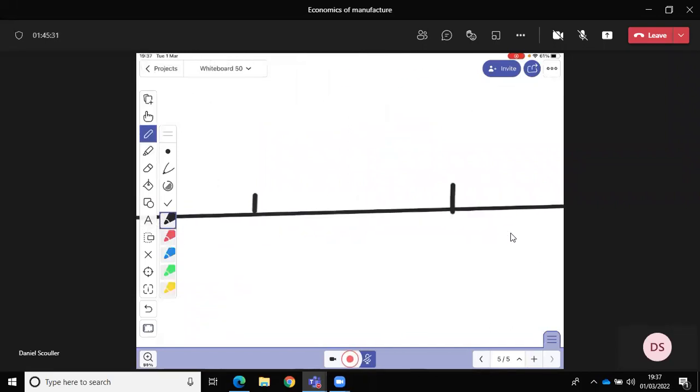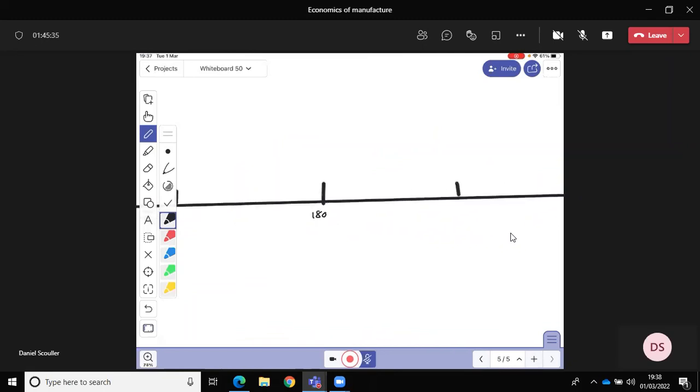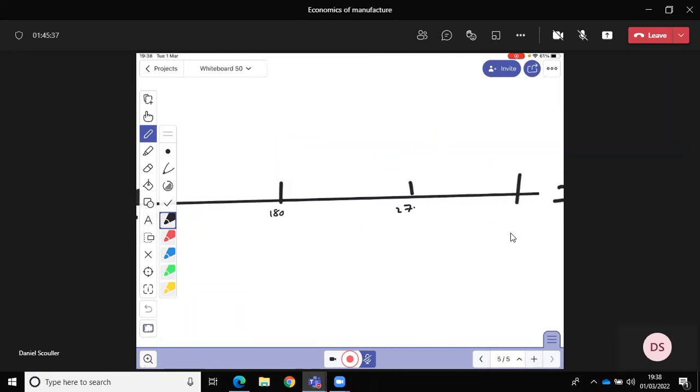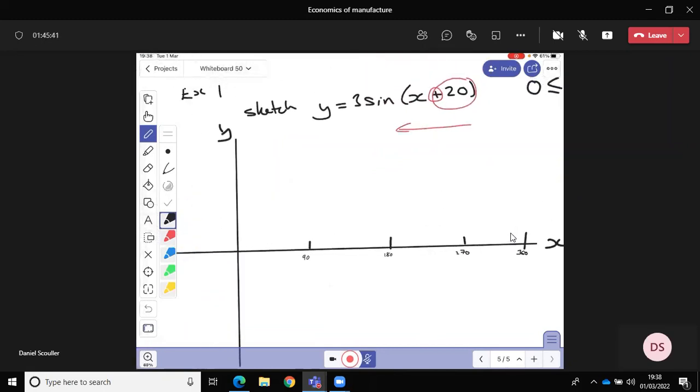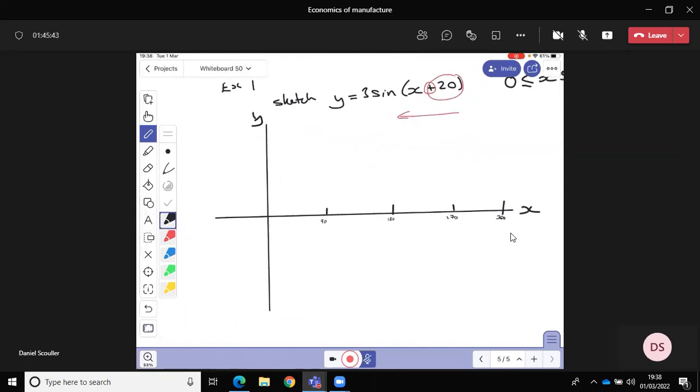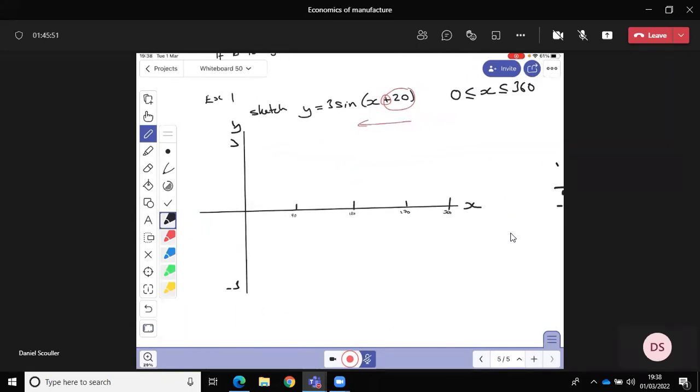So just drawing our normal milestones in. And then we're drawing our minimum and our maximum in. In this case, it's going to be 3 and negative 3. So that plus 20 is moving everything 20 degrees to the left-hand side.